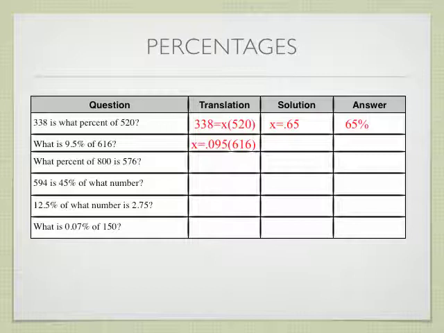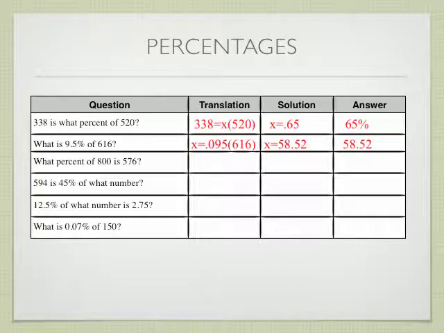I take the decimal point and move it 2 places to the left because I'm dividing by 100. So x equals 0.095, and then percent of means multiply, so multiply by 616. Multiply those numbers and I get x equals 58.52, so my answer is 58.52.